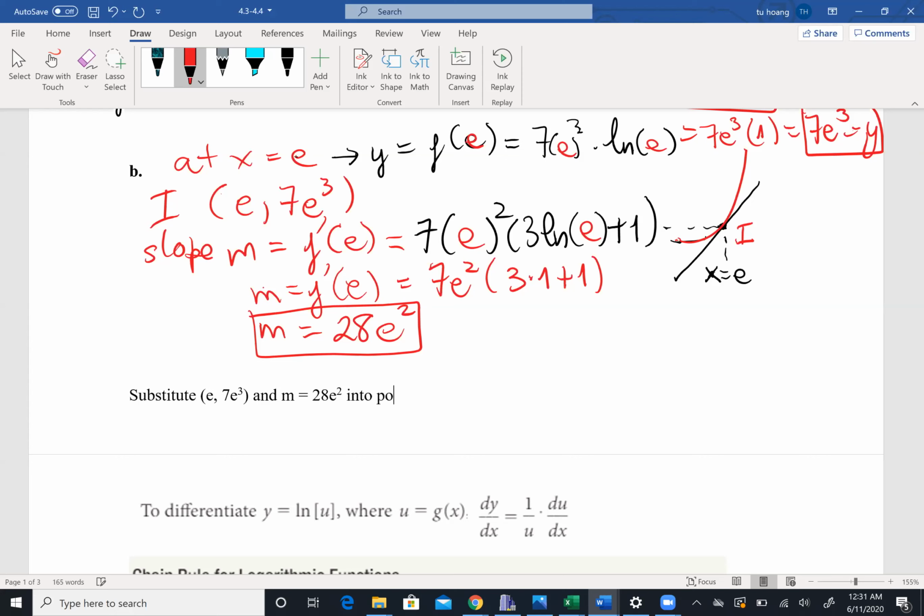Point slope form, because you have a point and a slope, right?